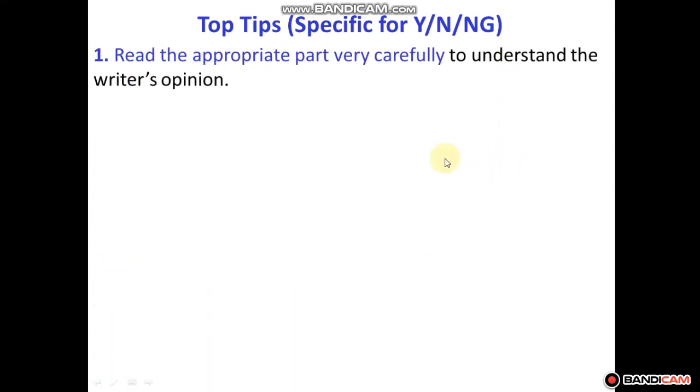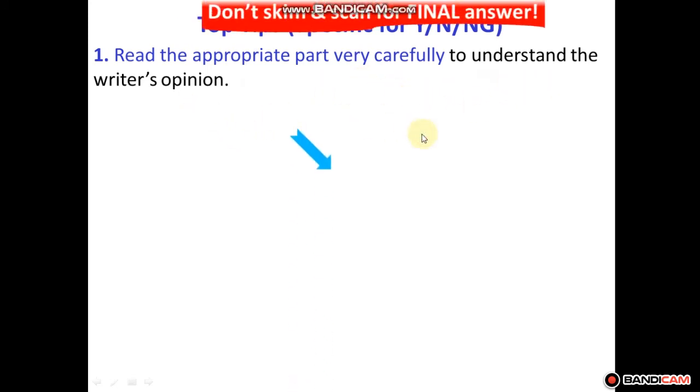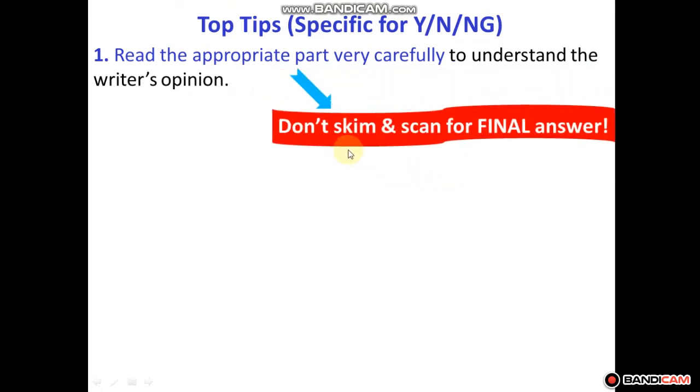Now there are some specific tips for yes, no, not given, only for them. Tip 1 is read the appropriate part very carefully to understand the writer's opinion. That means don't skim and scan for the final answer.